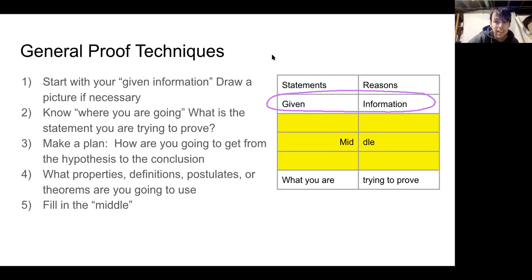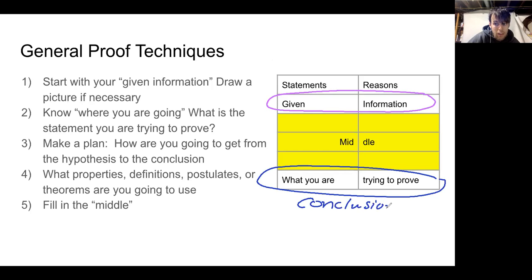And then the second thing I like to do is, I don't know how long my proof is going to be, but I like to keep in mind, where am I going? What is the conclusion of this proof? And not only that, but my conclusion might be something like, these two angles are supplementary, like we had in the previous proof. I also want to know what might be right before that.